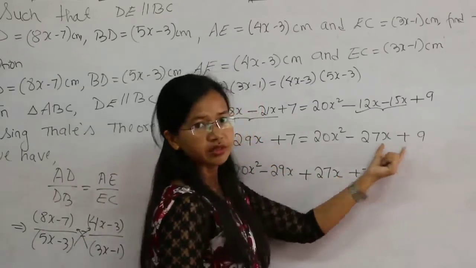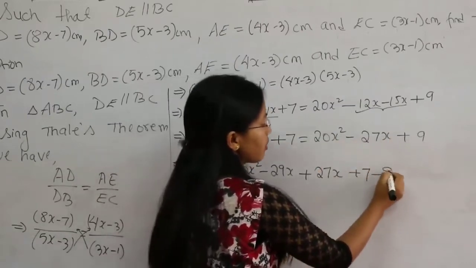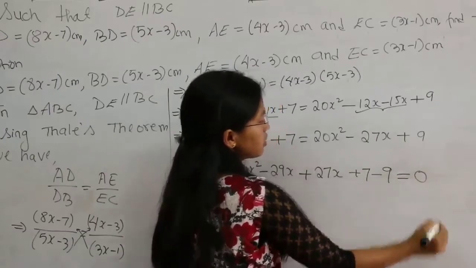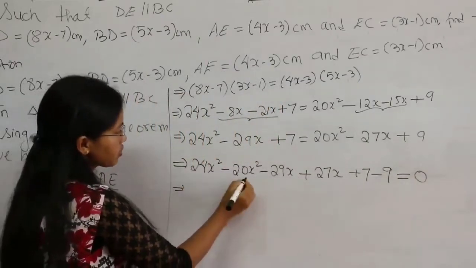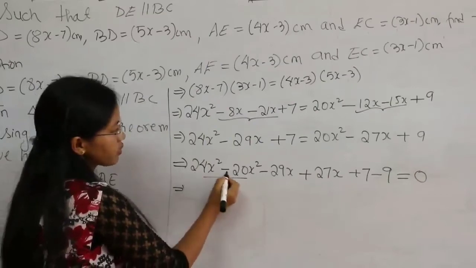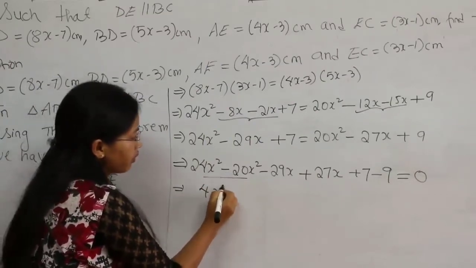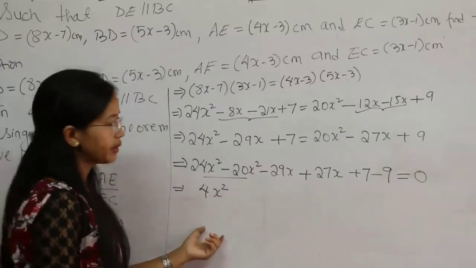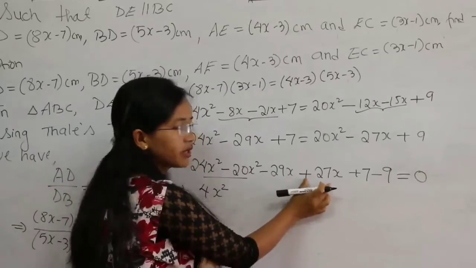Carry plus 9 to this side, it will change to minus 9, equal to 0. Right? Now subtract these two together. 24x square minus 20x square, what will we get? It will be 4x square, right?